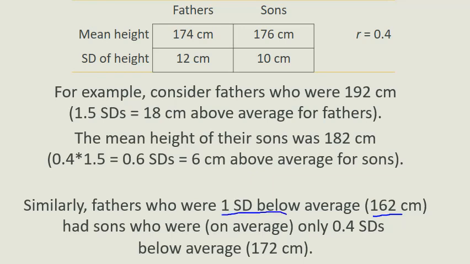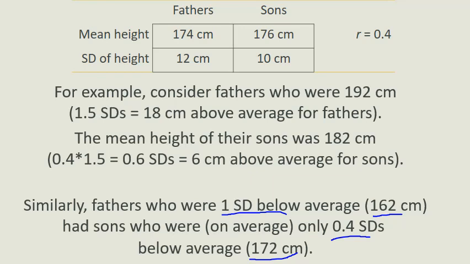Therefore, the average height of their sons was 0.4 times 1 SD below average. 0.4 SD below average for sons is equal to 172 centimeters.